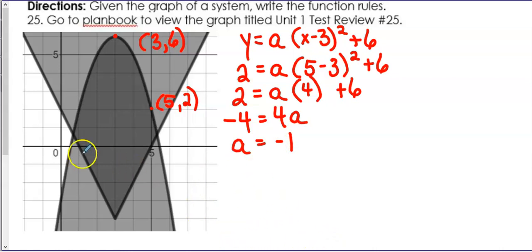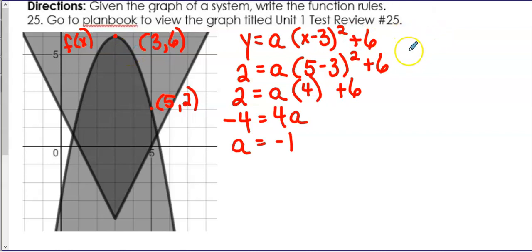So we'll call the red one f of x. Because it's the part that's below the f of x, it's going to be less than, and because this is a solid outline right here, this is less than or equal to. If it was a dashed or dotted outline, then it would be just less than.